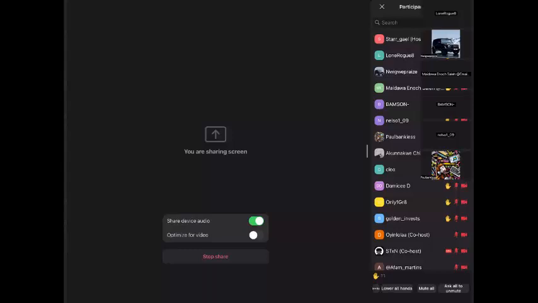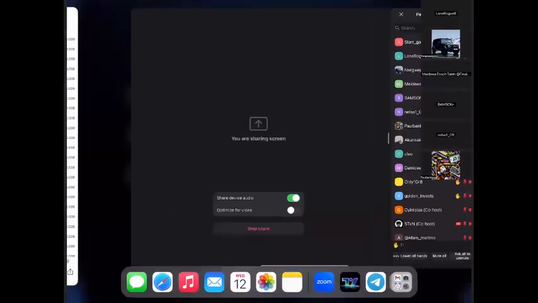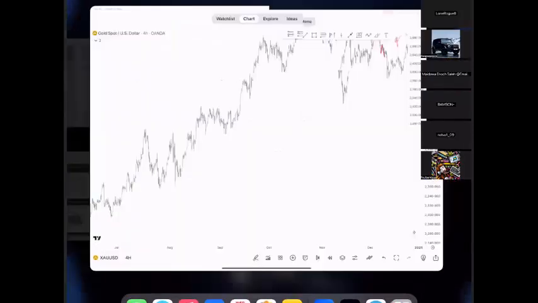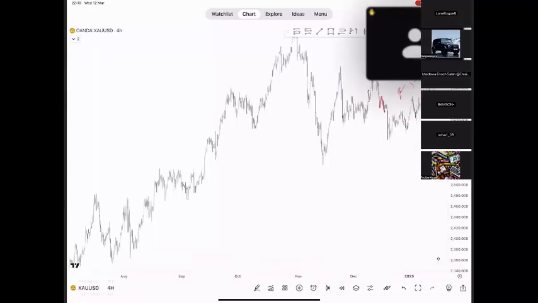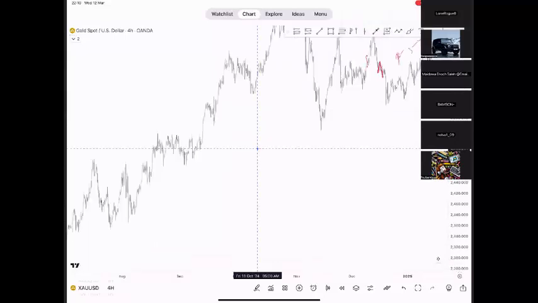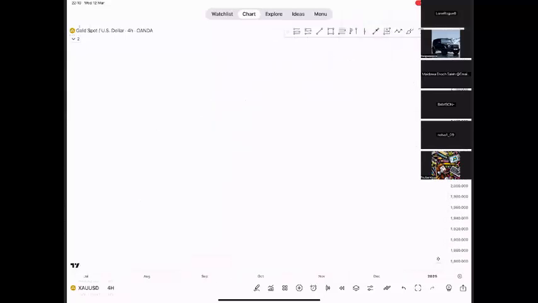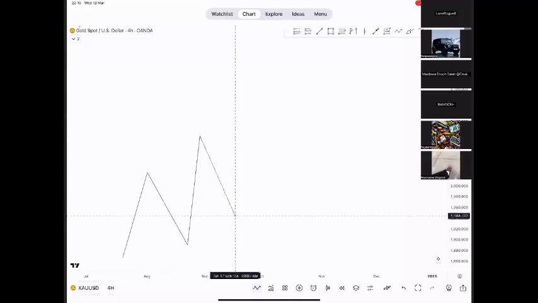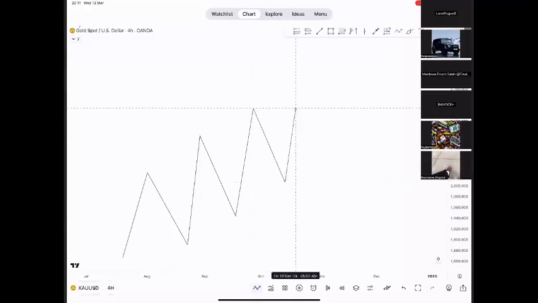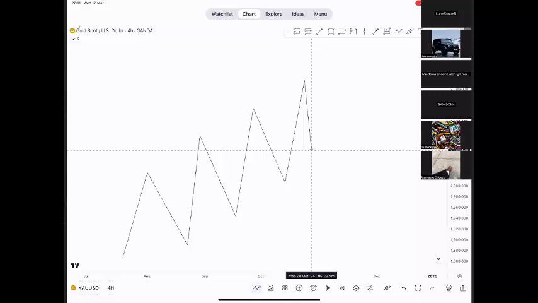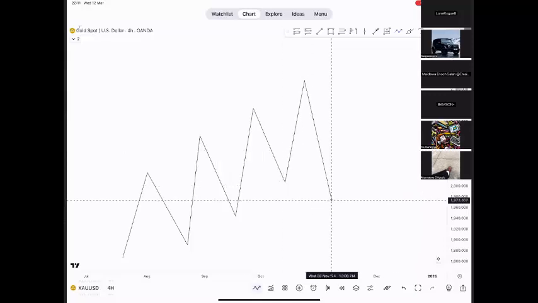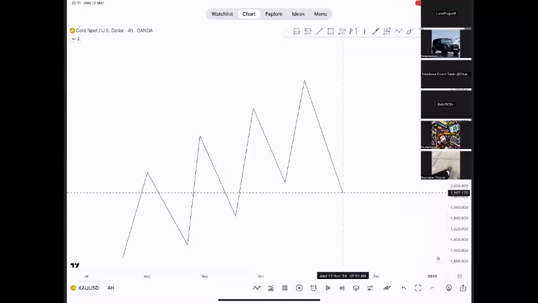Okay. A break of structure is just like, you know that I told you that in an uptrend, you have price creating a series of higher highs and higher lows, just like this. And then all of a sudden, price breaks to the downside and takes out a protected level.